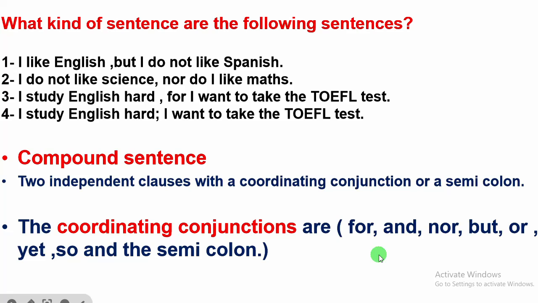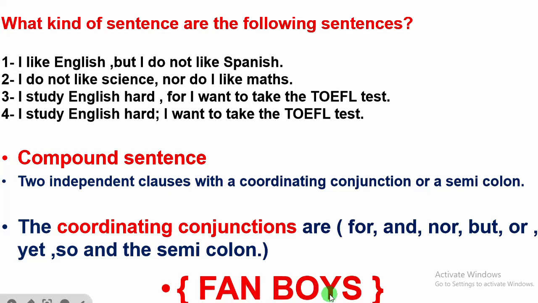These are the tools that you use in order to make a compound sentence. You can remember them with the acronym FANBOYS, where F stands for for, A stands for and, the N stands for nor, and so on. Okay, let's move on to the third type of sentence.